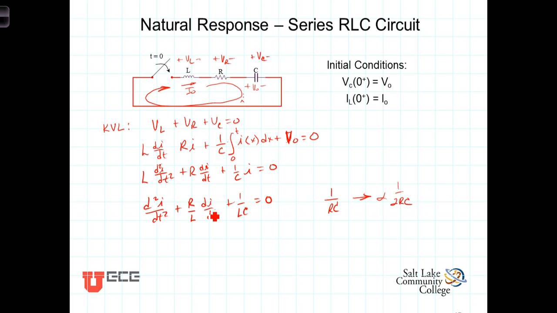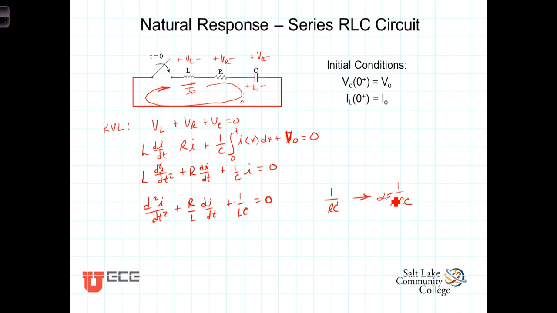But what we observe is that this equation in terms of I is the same as the equation that we did before in terms of V across the capacitor, or V across the parallel combination, except that here this is R over L instead of 1 over RC.